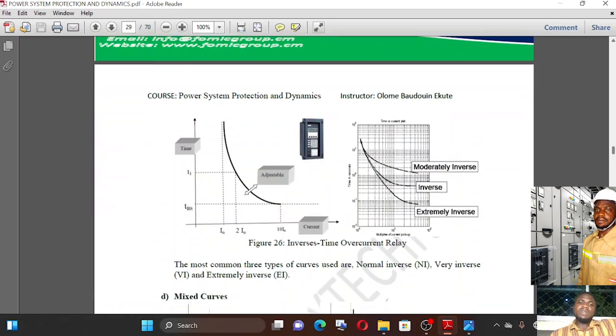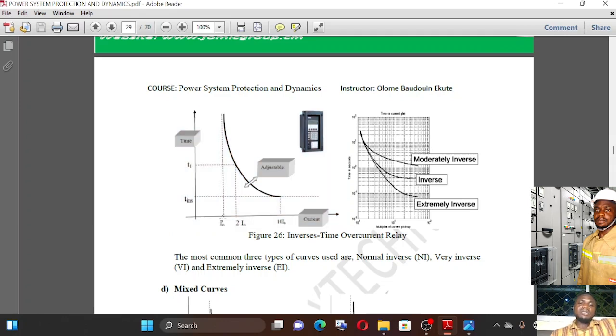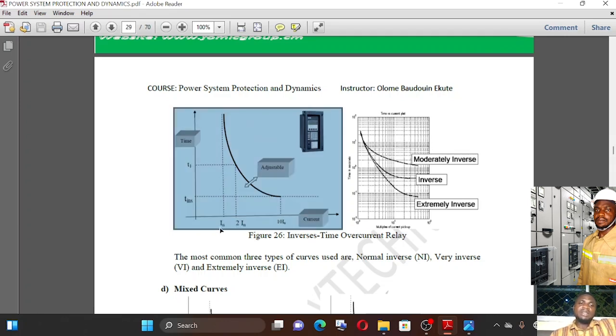The inverse time overcurrent relay has a decay curve, a characteristic curve of time against current. So in this case, the relay is a little bit more biased in the sense that for various amounts of faulty current, it does not trip within the same time. For example, from the curve we see here that if we have a faulty current IN which is very, very much less, the tripping time will be higher.